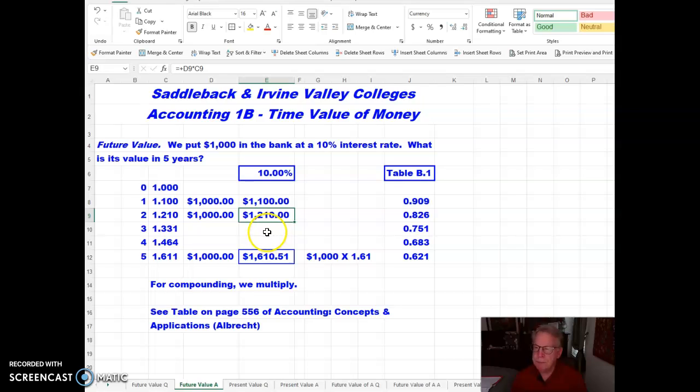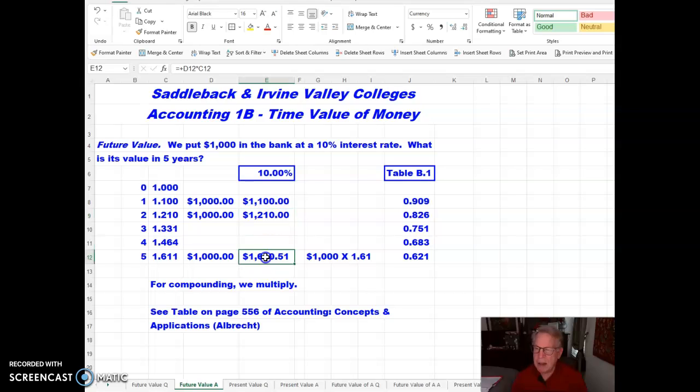So here, how much is that $1,000 going to be worth after 2 years? You'll see that it's not $1,200. It's $1,210. And that's because this $100 of interest that we made in the first year also gets 10% interest. So this factor that we've calculated is a compounding interest factor.